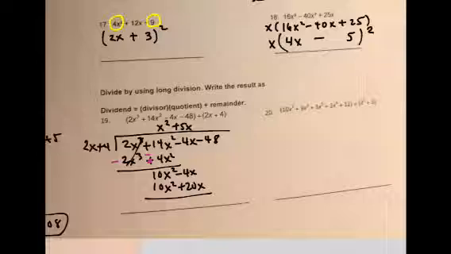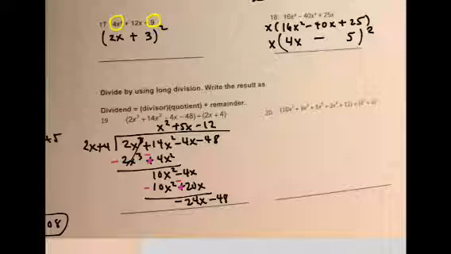When you subtract, you add the opposite, so this is minus. Scratch that out, that's a negative right there. So you get negative 24x. Bring down the negative 48. So 2x times what gives you negative 24x? That would be negative 12.